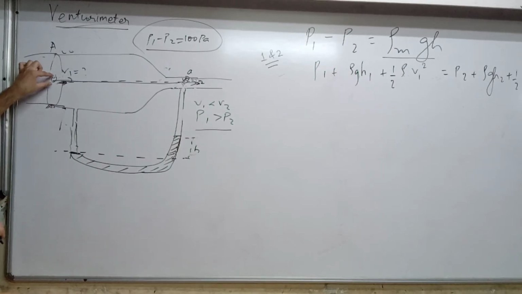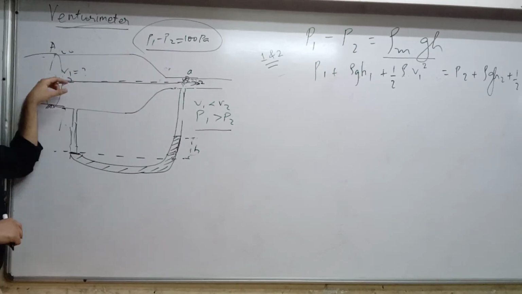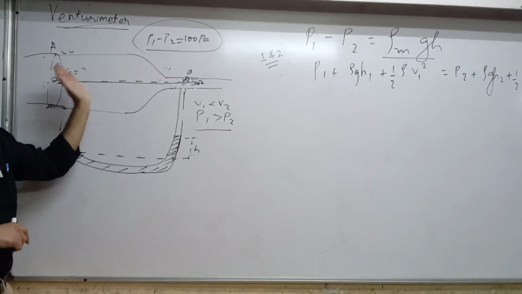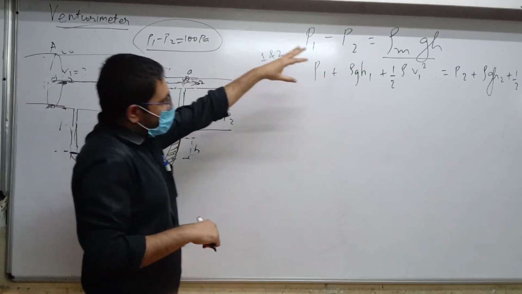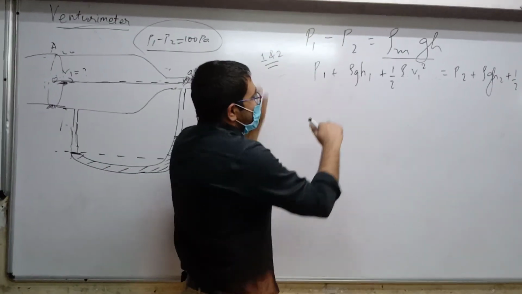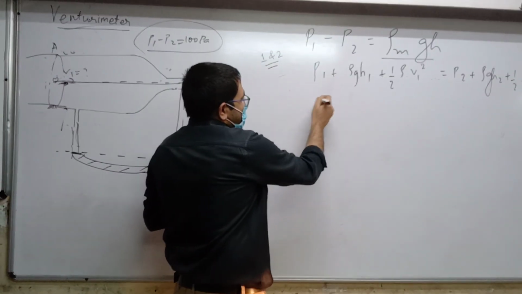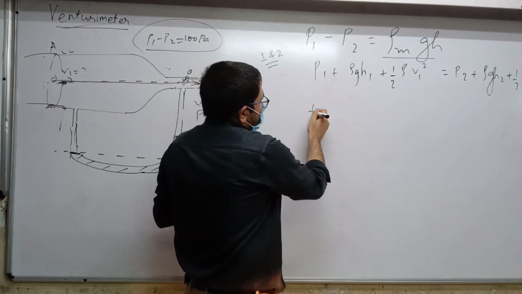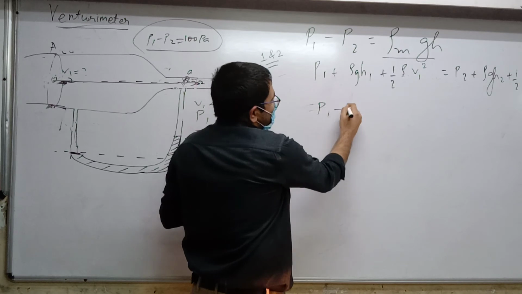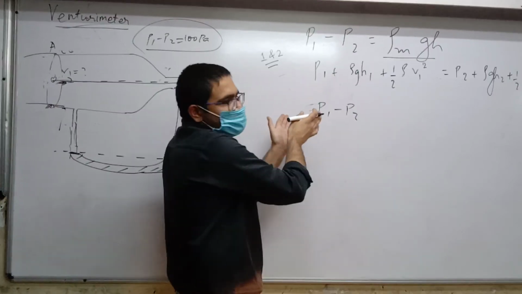Now, if you take these 2 points, like I mentioned earlier, the pressure difference P1 should be greater than P2, right? So, because of the Bernoulli's equation, P1 minus P2 we'll take on one side. Understood?